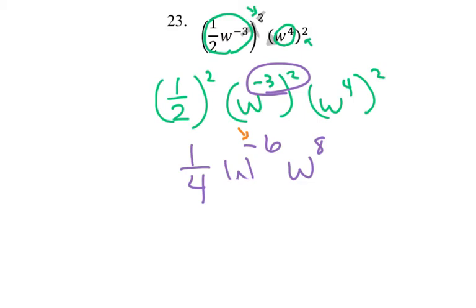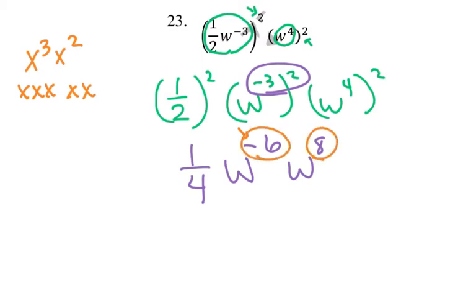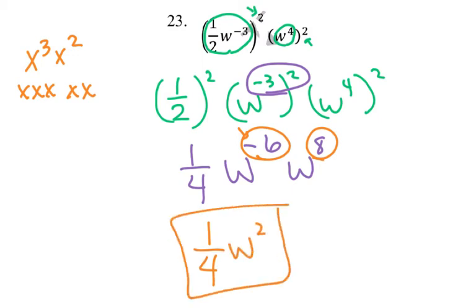If I have the bases being the same, like in the very first examples, like x to the third times x to the second, then you just add up the exponents. So I could add the exponents there. I'm still going to have the 1/4, and then negative 6 plus 8 is 2. So that's one way that I could do that problem.